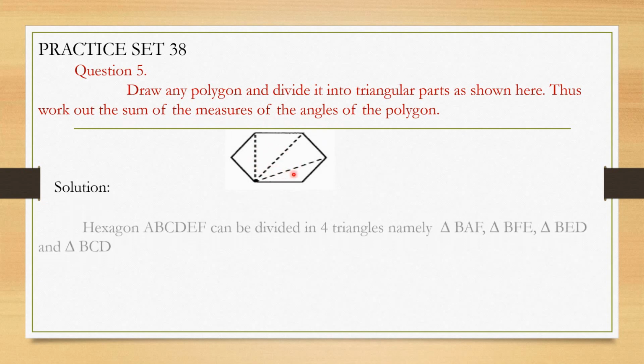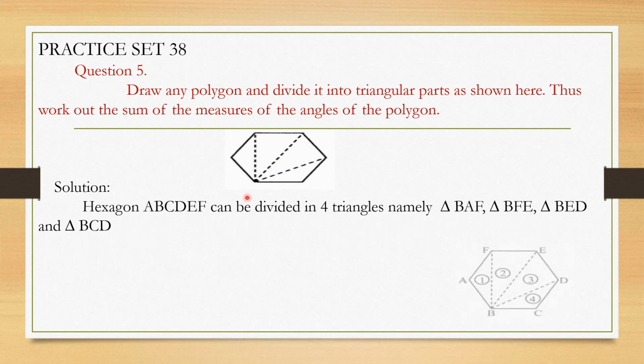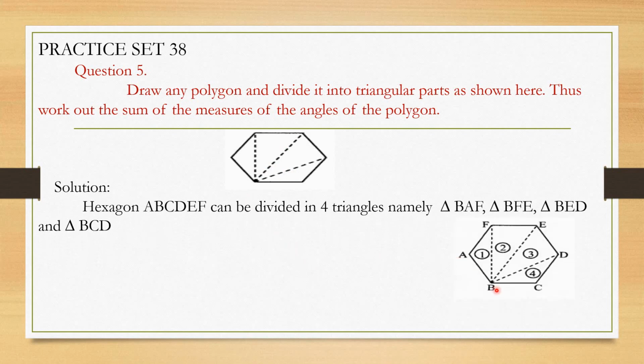Here hexagon ABCDEF can be divided into 4 triangles, namely triangle BAF, second triangle BFE, third triangle BED, and fourth triangle BCD.